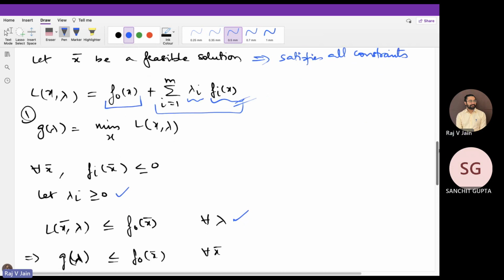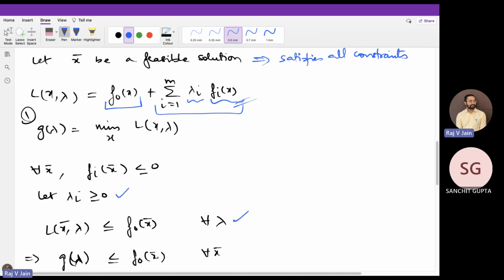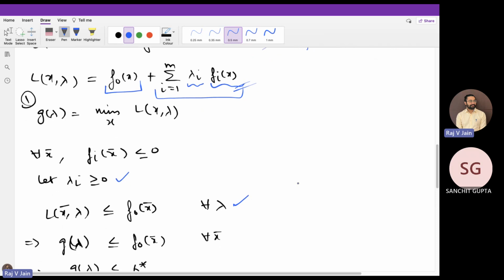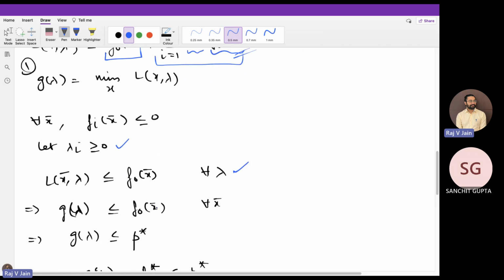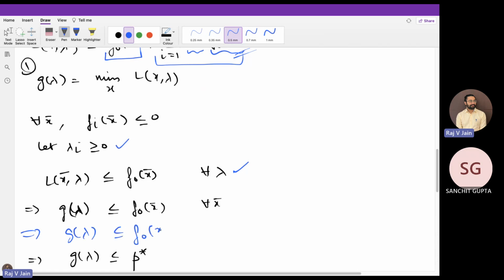Which means g of lambda will also be less than f naught of x bar, because g of lambda is the minimum over these values. And since it's true for all feasible x bar, it'll be true for x star also, because it's also part of the feasible set. So g of lambda is less than f naught of x star.